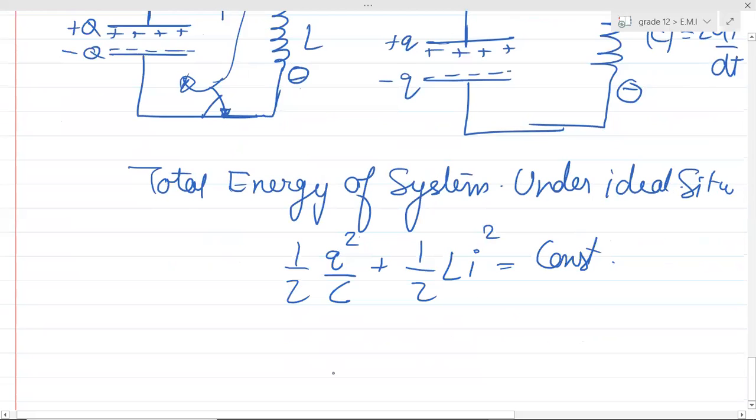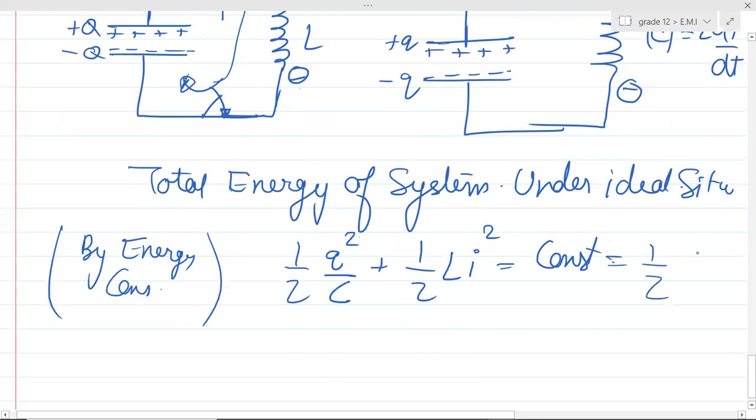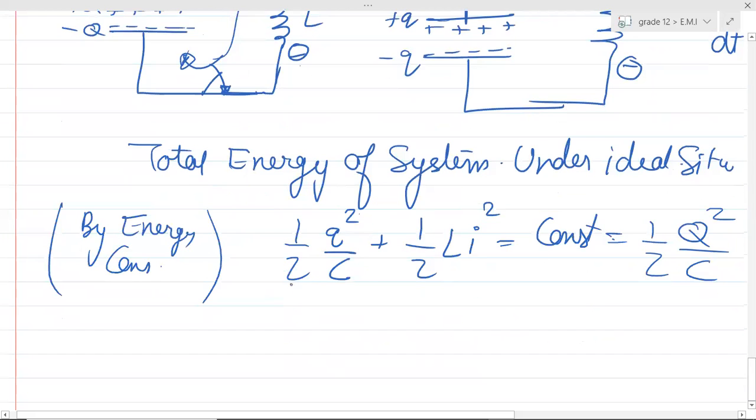By energy conservation, will this thing be there? Yes or no? And what is this constant equal to? This constant is equal to half Q square by C. We know this constant, right?